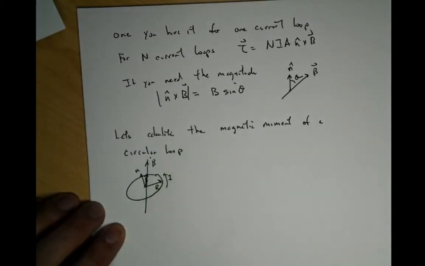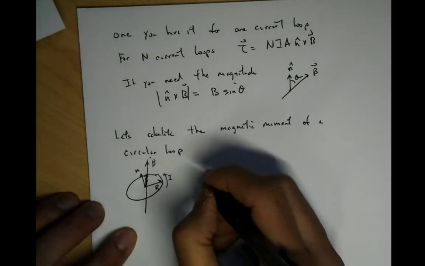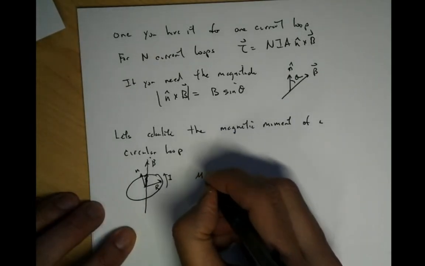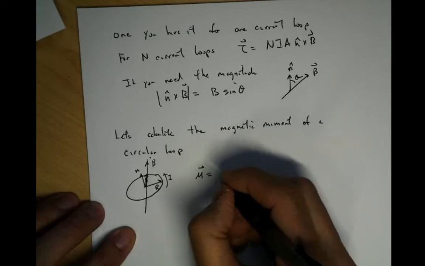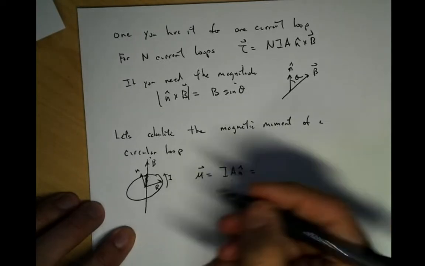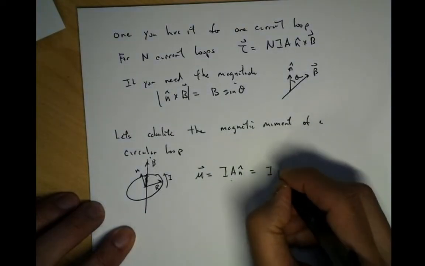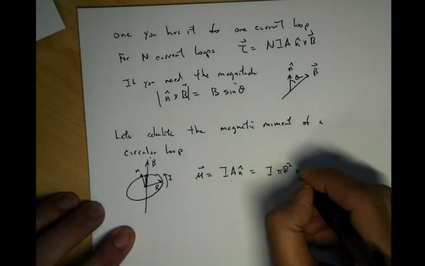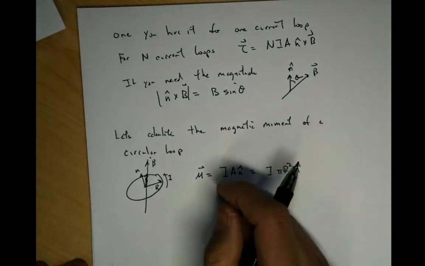All right, so let's go ahead and compute that first. Mu is equal to I times area times the normal vector. What's the area? That's a circular loop, so it's I pi r squared n hat, okay? That's the first thing.